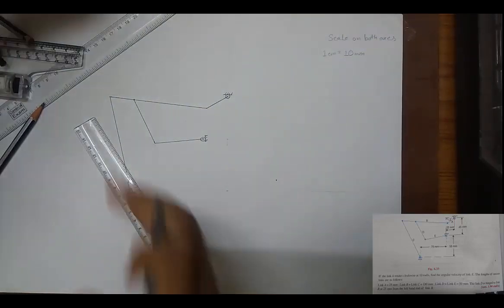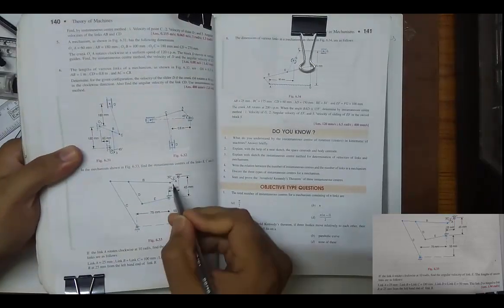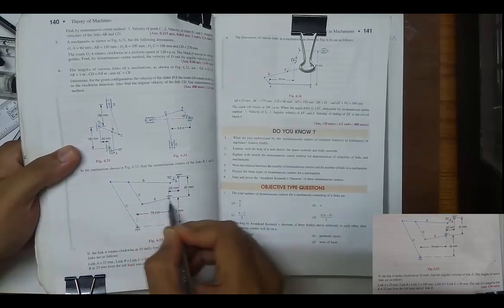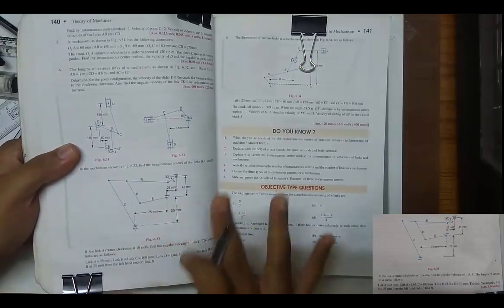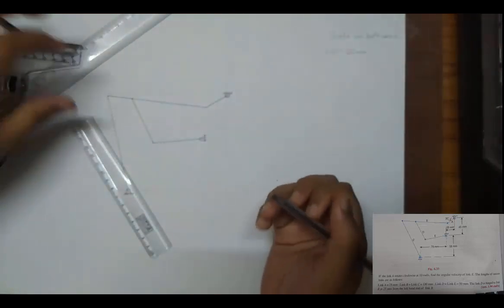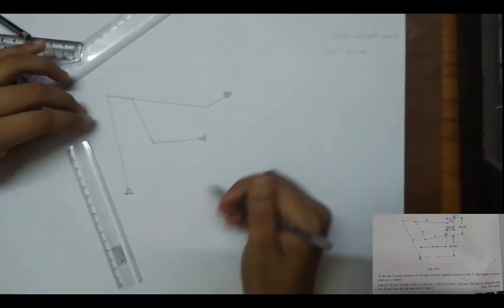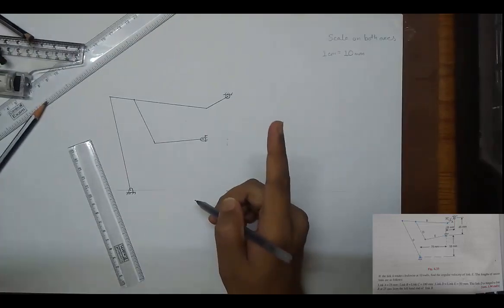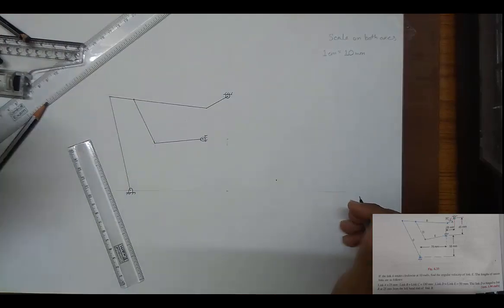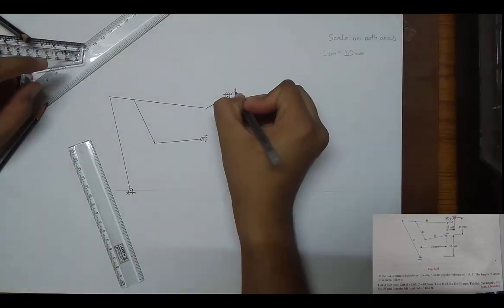Now if you see in the question, they have given this link name A, this link B, D, C, E. I am not comfortable with naming them with alphabets, so I will just number them as we always do. Our numbering always starts from 1, and our ground link is always given number 1. So this will be my link number 1.